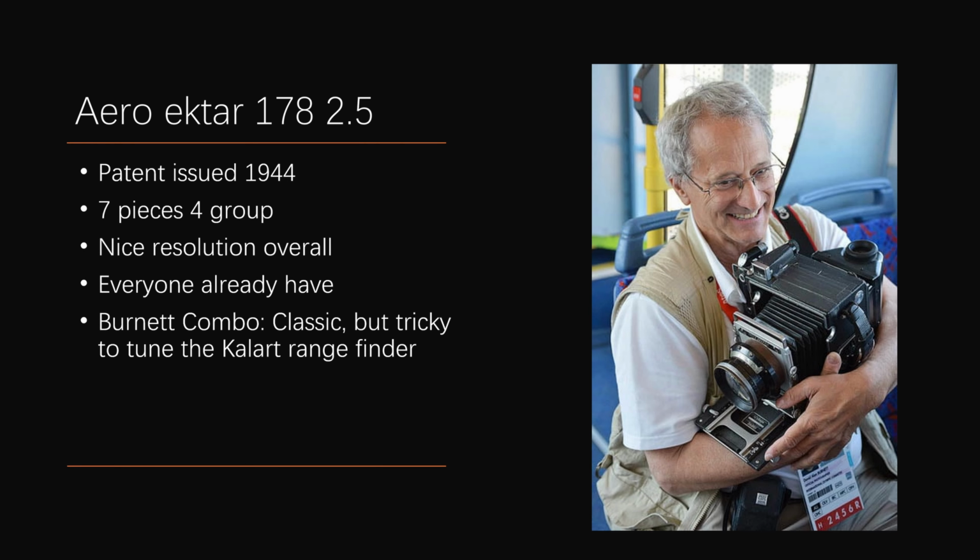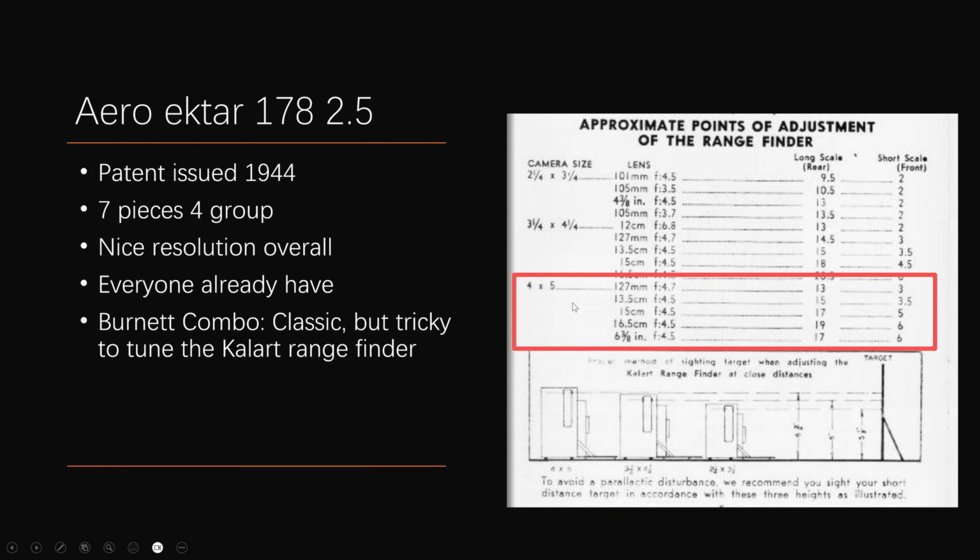You can see that David Burnett actually used a viewfinder and the ground glass to focus. The reason is that the cam rangefinder is designed for 127 to 165mm. Above that point, it's painful to fine-tune the rangefinder and get good focusing.